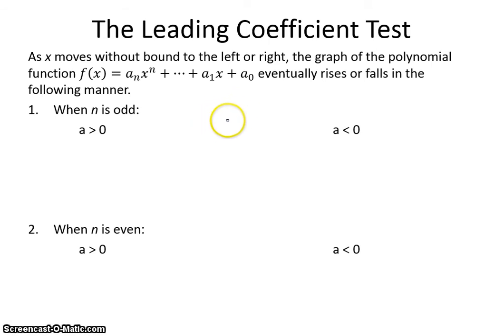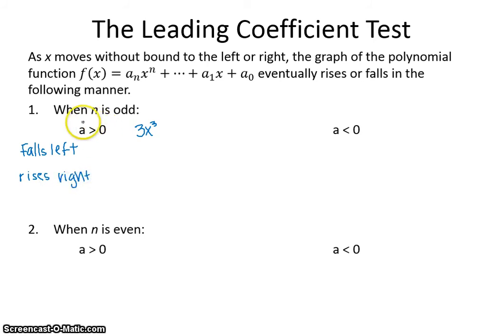So when n is odd and the number out front is positive, like 3x cubed, where the number out front is bigger than 0 and the exponent is odd, it's going to fall to the left and rise to the right.